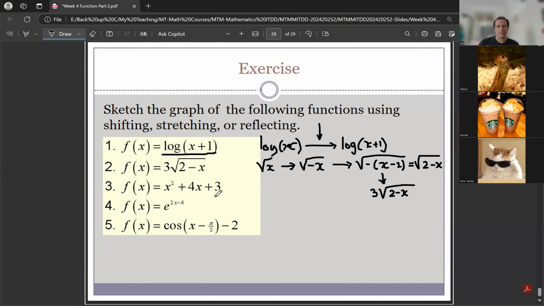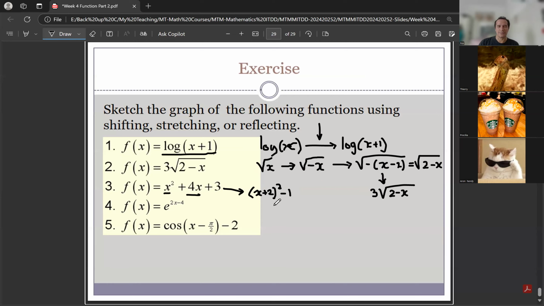What about the third? The third, as we did before, we must make it become a perfect square. The perfect square will be (x plus 2), as we did in the previous, because we have x squared and 4x, and this must be minus 4 plus 3, so we have minus 1.